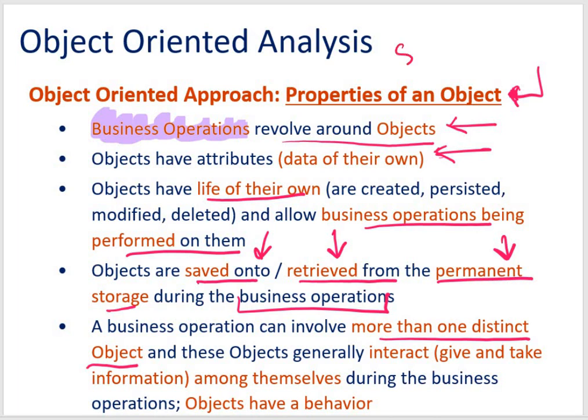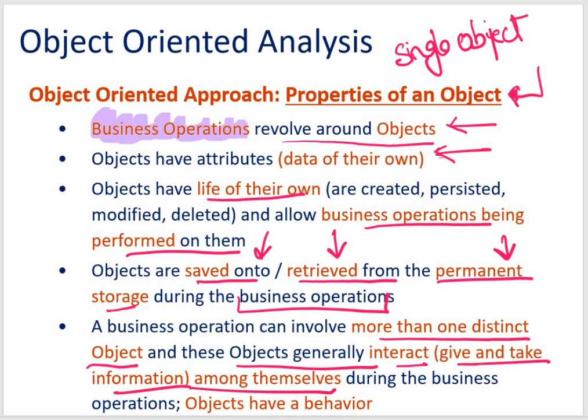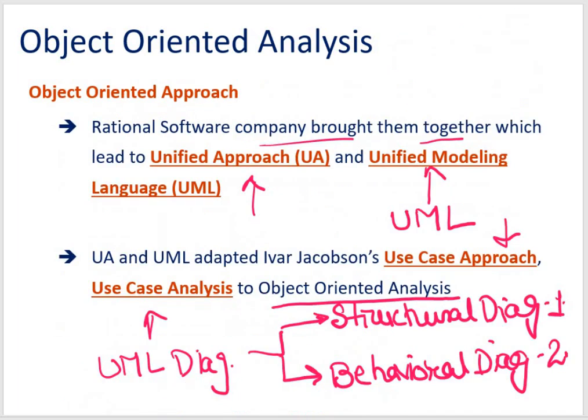And a business operation can involve more than one distinct object. It's not the only case that I'll have a single object. I can have more than one object as well. And these objects generally interact, that means give and take information among themselves, during the business operations.